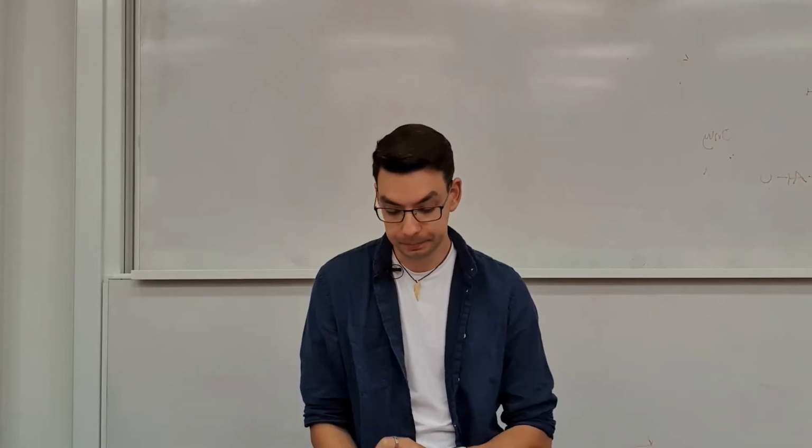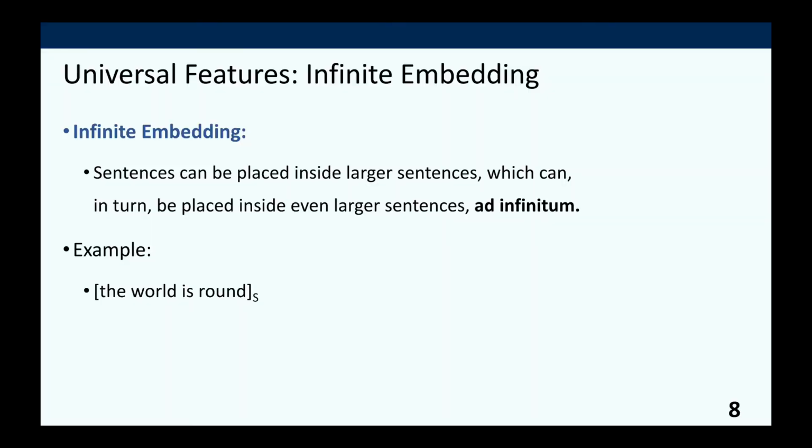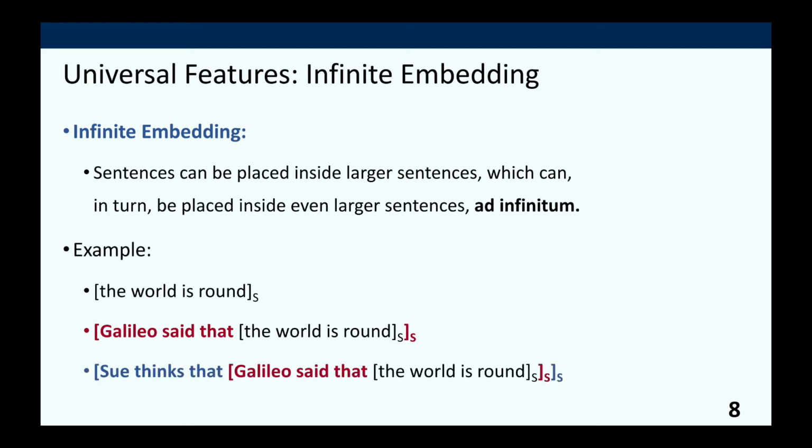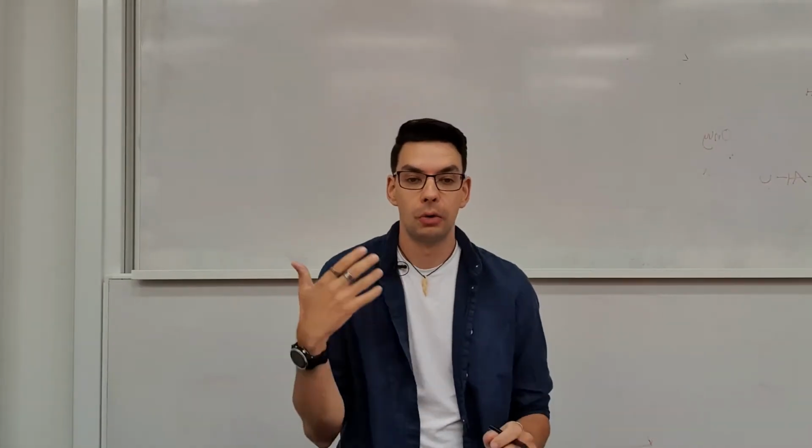So for example, if I start with the sentence, "The world is round," I can put that inside another larger sentence saying that Galileo said that the world is round, and I can put that into another sentence saying that Sue thinks that Galileo said that the world is round, and so on.